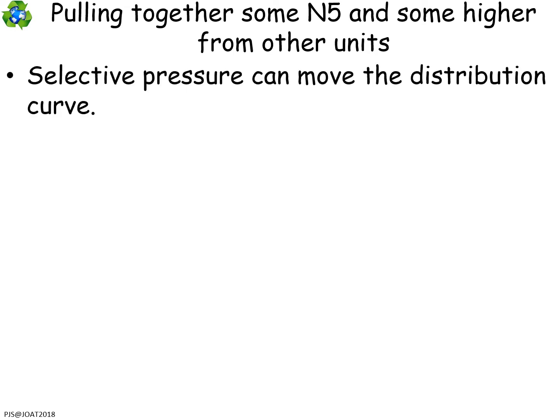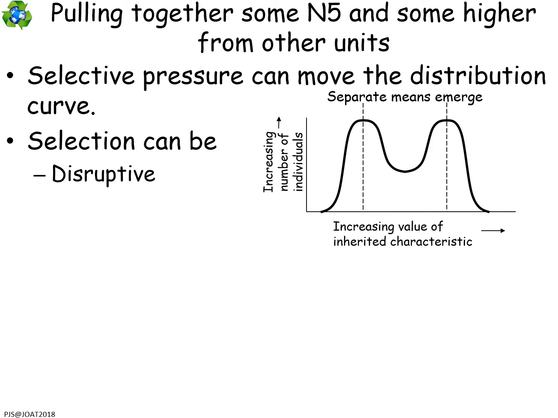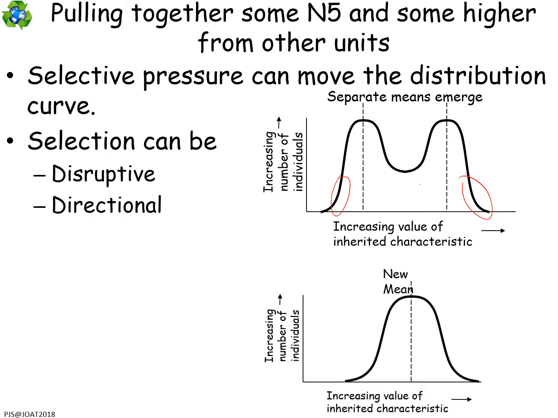Selective pressure could be used to move the distribution curve. We could use disruptive pressure, so that means that we're actually selecting for either extreme of the curve, and that means that you can actually end up with two separate means. Directional pressure means that we shift the mean.